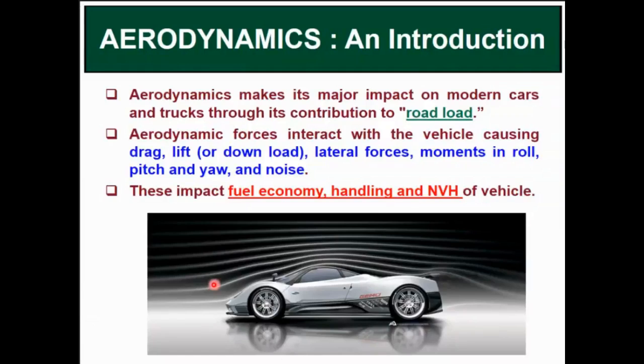For example, the airflow is from left to right. This flow we call a streamline. Normally we look at the flow pattern of the streamline, okay. And then also the flow underneath the car, right? How it comes out.